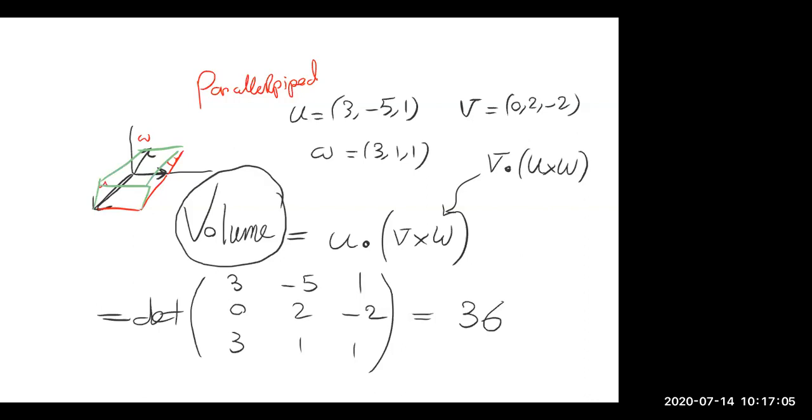So even if you get -36 here, you should say the volume is the absolute value of that, which is 36. So for us, the order does not matter much. What will change is just the sign.